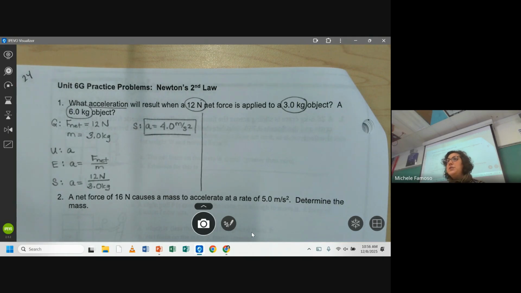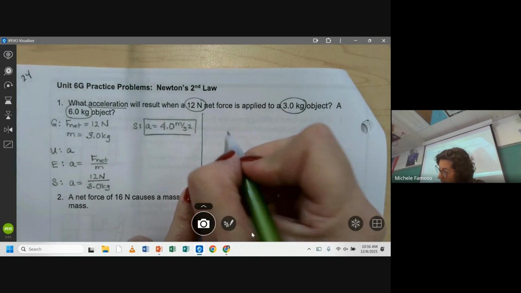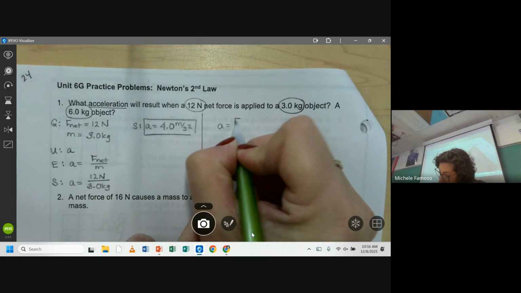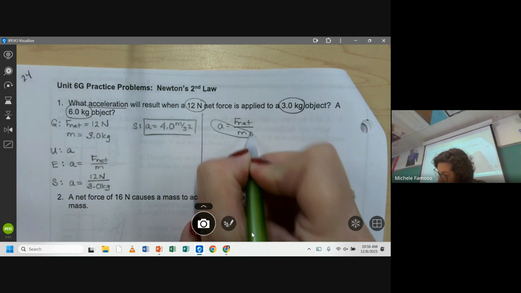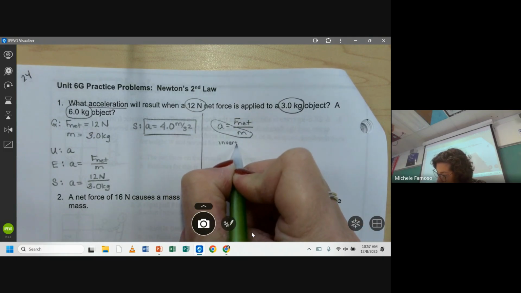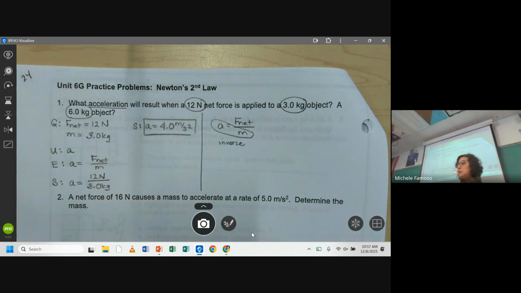Now, the second half of this question, I'm not going to use Newton's second law as a GUESS method. Instead, I'm going to use the relationships given by Newton's second law. When I look at Newton's second law, I see that there is an inverse relationship between the mass and the acceleration.